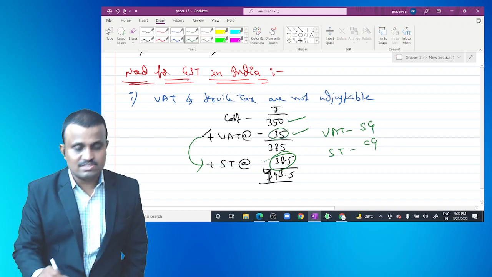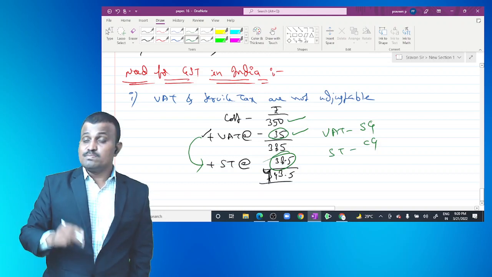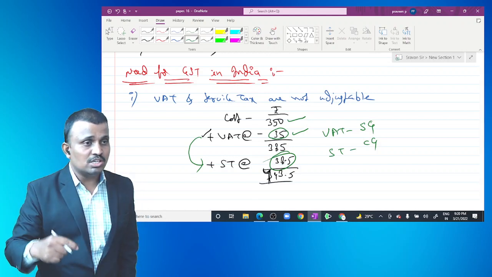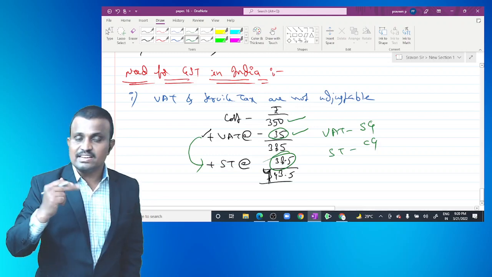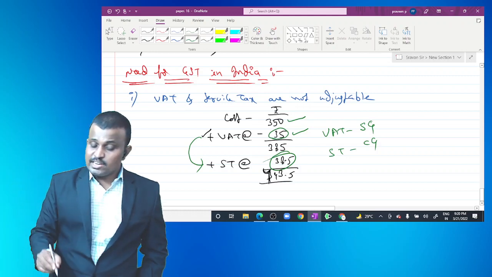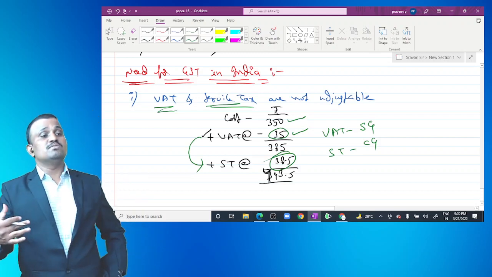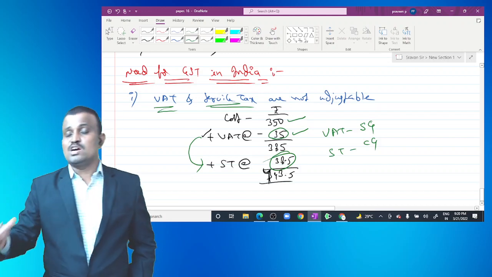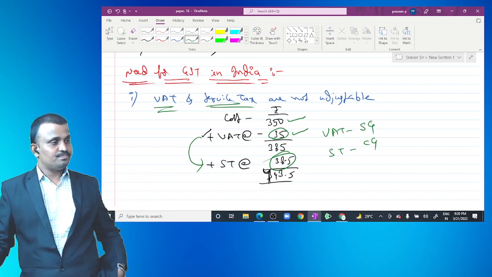So VAT is a tax which is paid to state government. Service tax is a tax imposed on tax, due to that the price of the product is increased. So here VAT and service tax are not adjustable to one and another, because VAT belongs to state government, service tax belongs to central government.